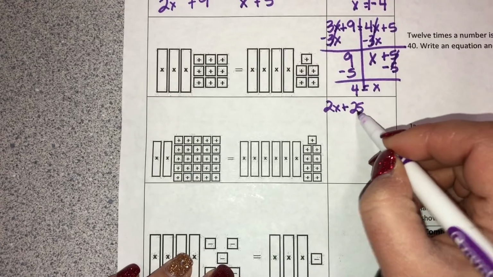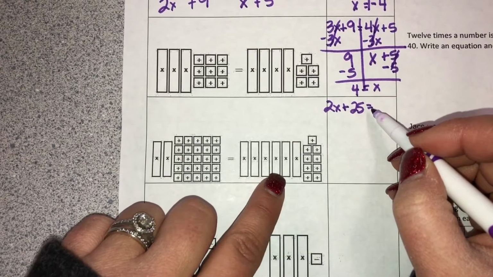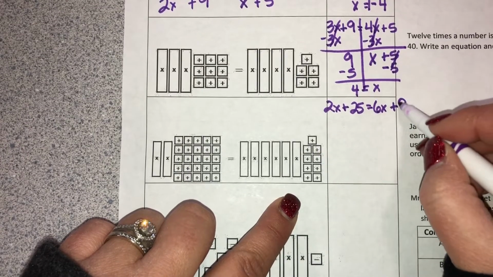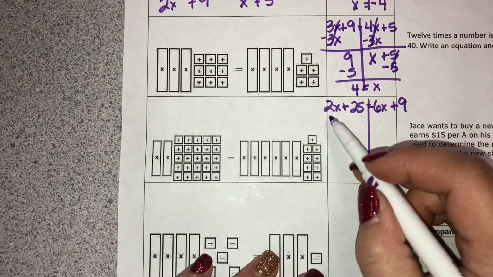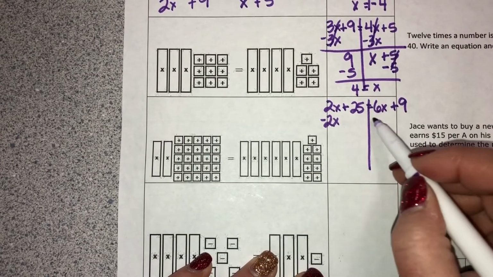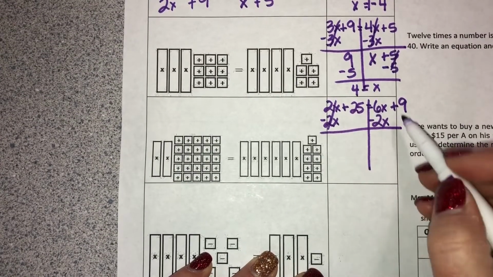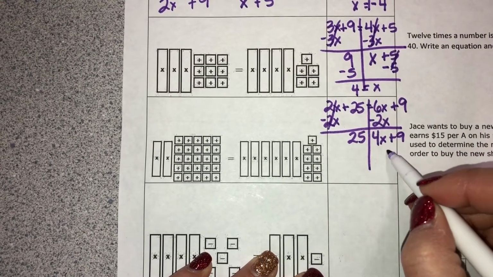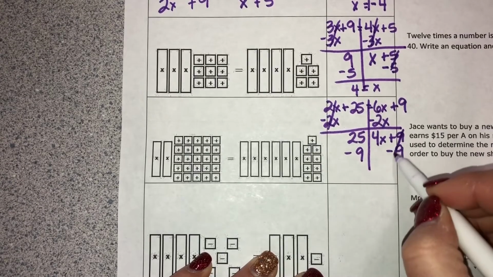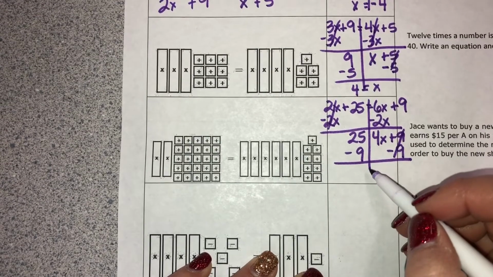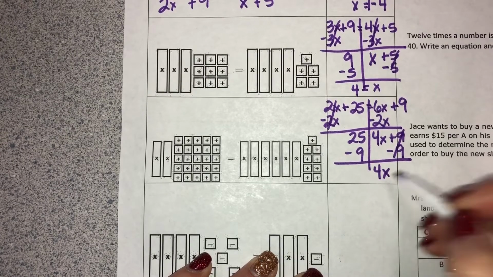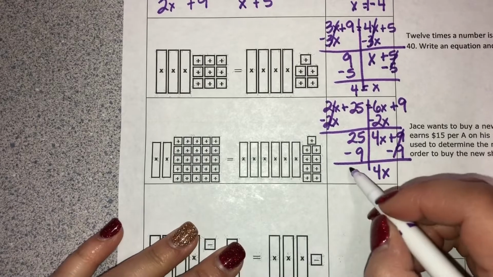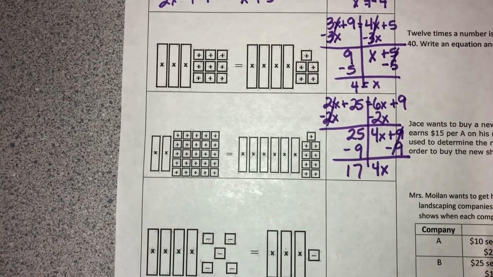Next one, we have 2x plus 5 and 5, so 25 equals 6x plus 9. Okay, move the variables, minus 2x, bring down, move the constants. What does that equal? 17? Good Lord, this is why you need a calculator.